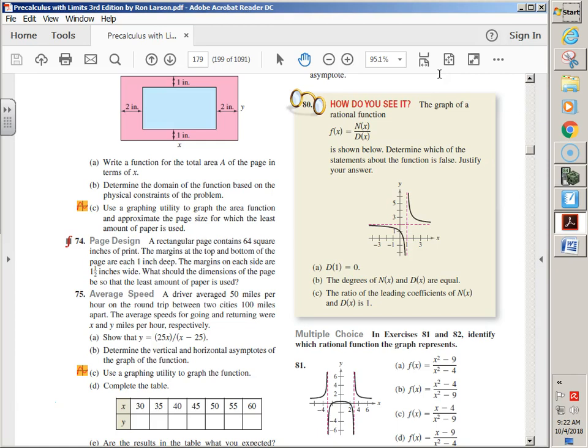It's not 1. What does the ratio of the leading coefficients have to be? This one has to be true. There does have to be a tie. The horizontal asymptote is at the ratio of the leading coefficients, but where's the horizontal asymptote? Not at 1, it's at 2. That's false. The horizontal asymptote needs to be at 2, so the ratio of leading coefficients needs to be 2. Only C is false.